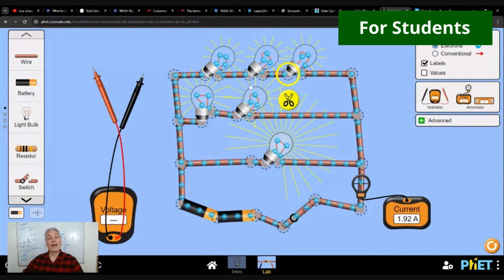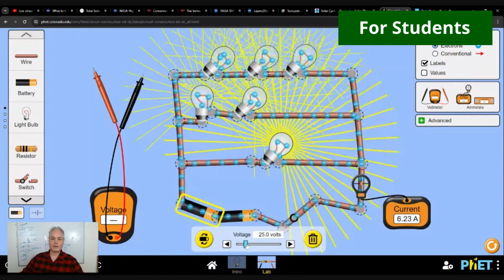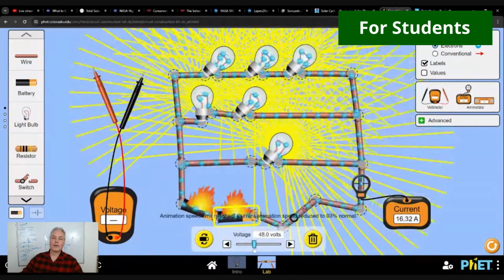So every time you add a branch to the parallel circuit, the current keeps getting bigger and bigger. What happens if I keep putting in more and more? That means there's more energy here. The battery can supply more and more energy.